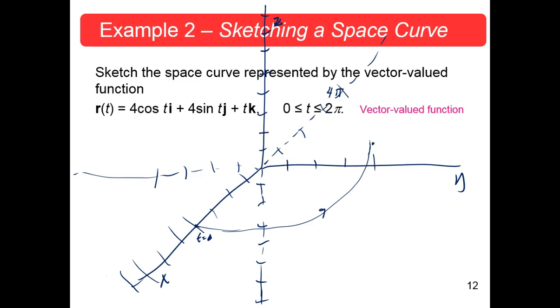Okay, what's next? Pi. Cosine of pi is -1, so it's -1 on x, which will be a -4 on x. Sine? 0. So the y is going to be 0, so we're back there, except we're at z equals pi, which is a little more than 3 up.